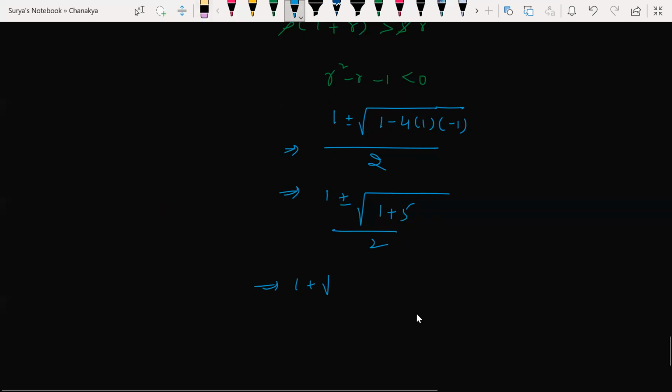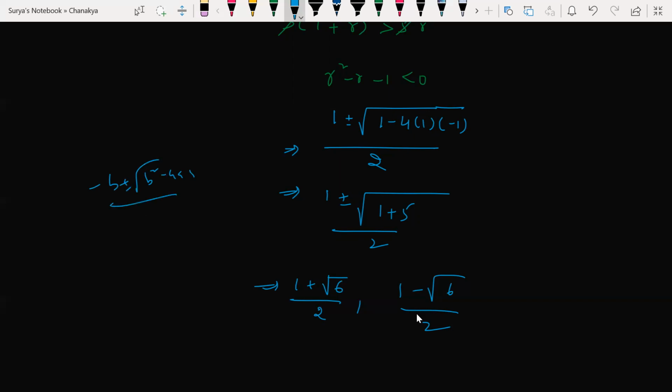So this can be split as how? 1 plus 6 by 2 or 1 minus 6 by 2. Okay. Minus b plus or minus square root of b square minus 4ac by 2a. So this is what I just got.